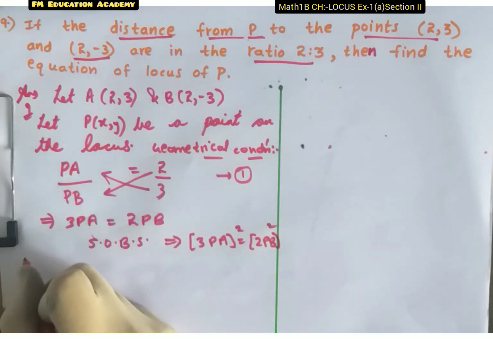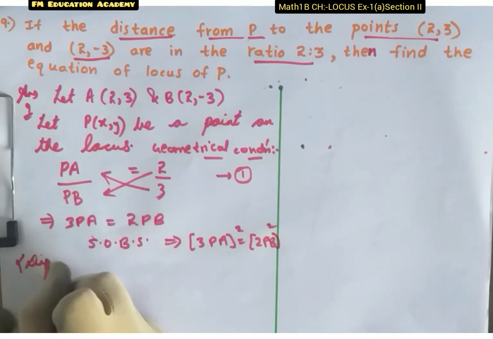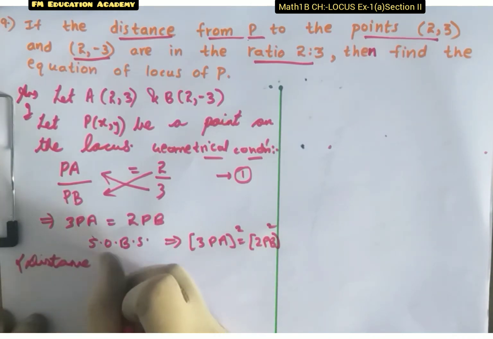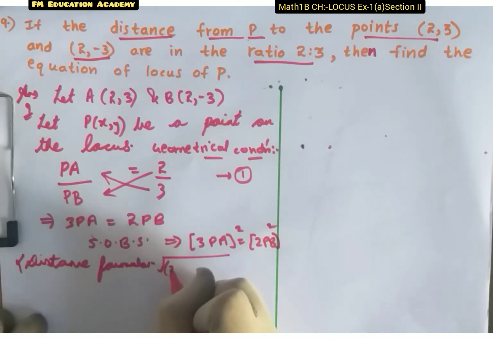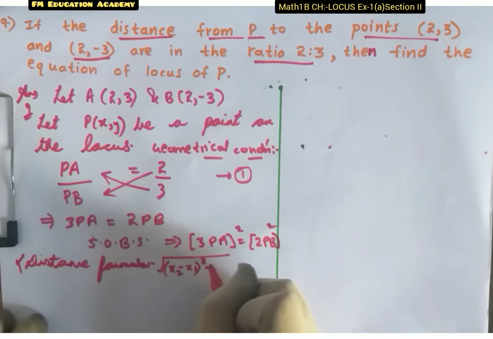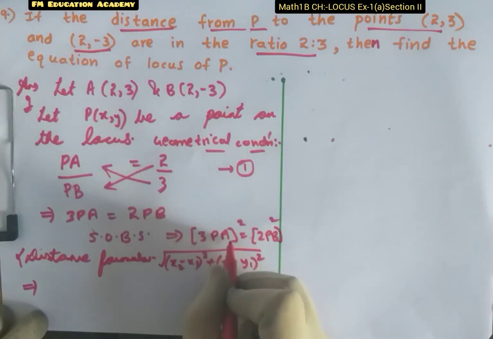Now which formula do we have to use here? The distance formula, which is root of (x2 minus x1) whole square plus (y2 minus y1) whole square. Substitute this in the equation.